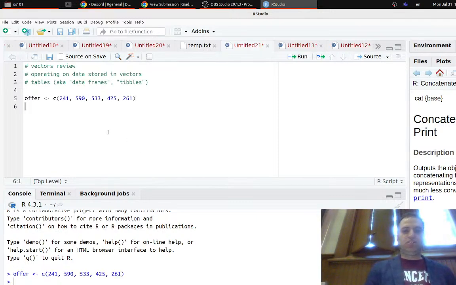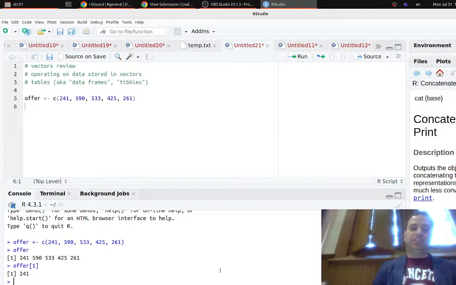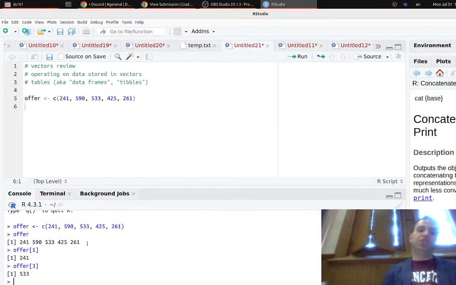So this is what it looks like. This is just a collection of numbers, right? And like we saw last time, you can see what the offer vector is in general, and you can access individual elements. For example, offer at 1 would be 241, and offer at 3 would be 533 because that's the third element.